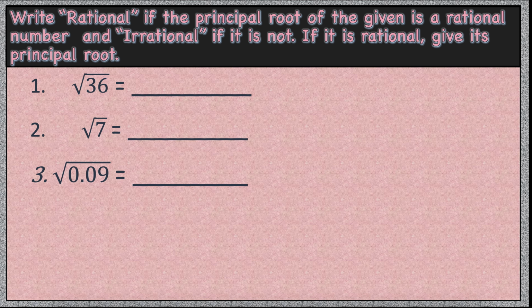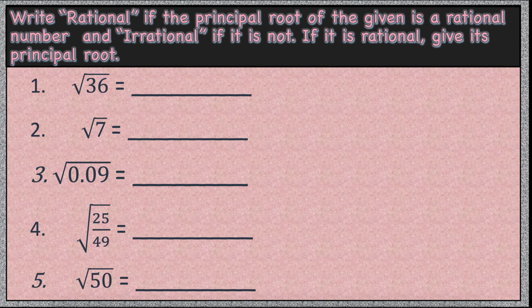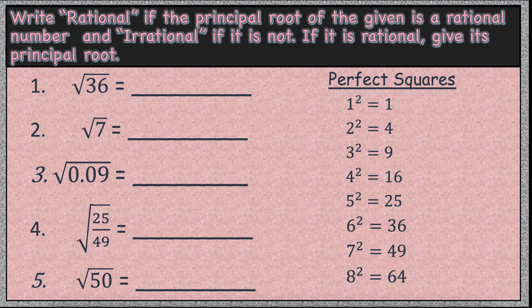Number 1, the square root of 36. Look at the radicand. The radicand is 36. So you will identify whether the radicand is a perfect square.